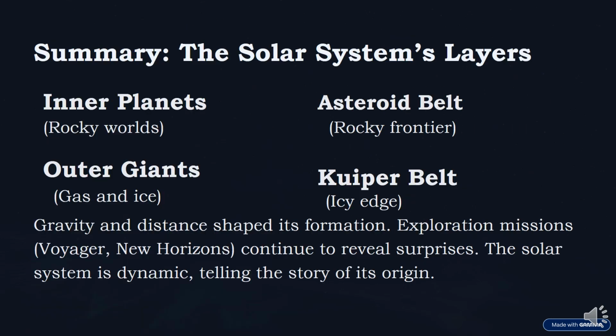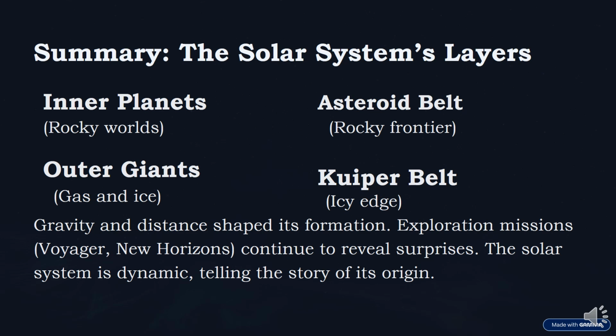Let us continue with the summary related to outer planets, dwarf planets, and the Kuiper belt. Summary related to the solar system's areas. We have to keep in mind that we have inner planets, outer giants, the asteroid belt, and the Kuiper belt. Inner planets are considered rocky planets.